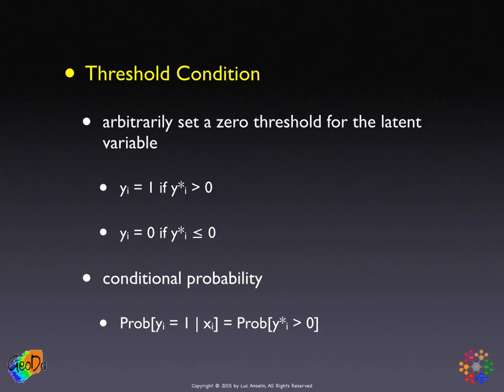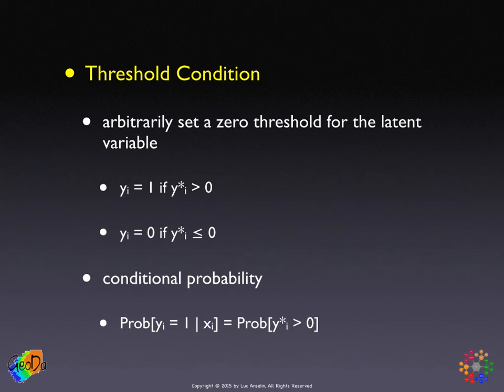And then we see that by definition, the probability of observing an event, the conditional probability given some explanatory variables, is the same as the probability of having a positive latent variable. But keep in mind, this latent variable is not observed.